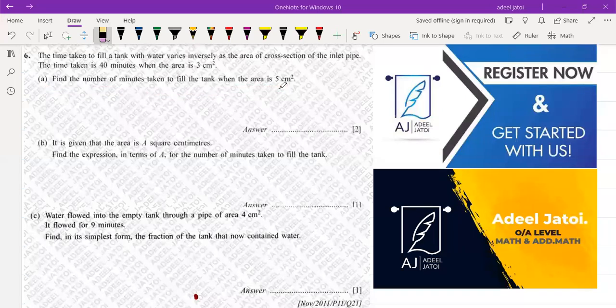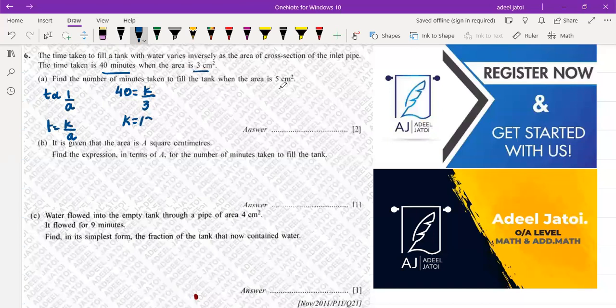Now, as I said, the question clearly mentioned that T is inversely proportional to 1 upon A. So, T is equal to K upon A, right? We know that T is 40 and the area is 3. So, 40 is equal to K upon 3.